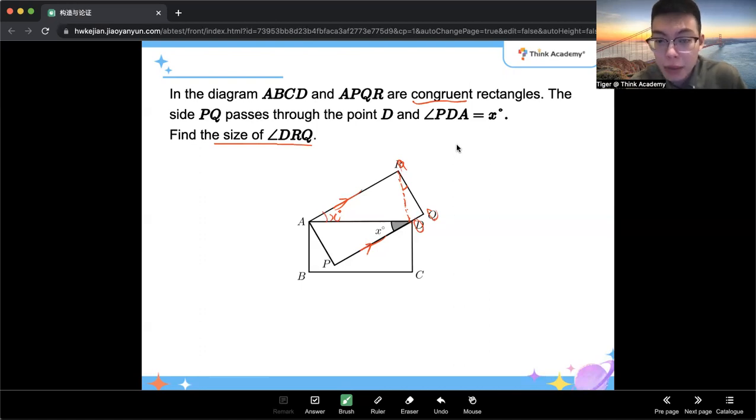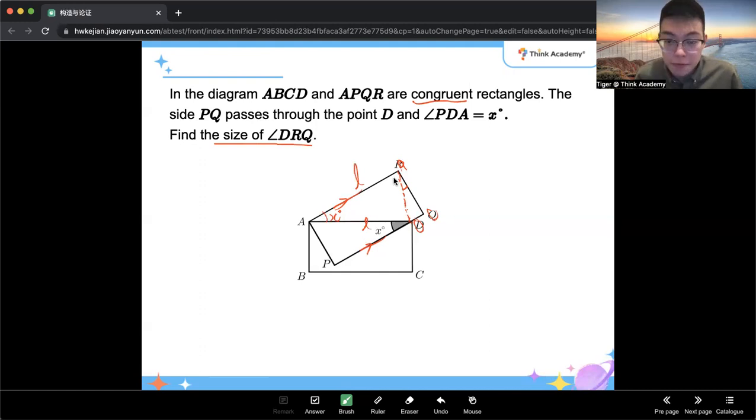So what's going to be the same if they're congruent? Of course, for any rectangles, the angles are the same, right? So what else are the same? The lengths. So we are making use of that, discovering that AD has the same length as AP.